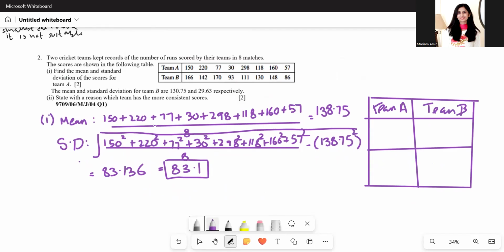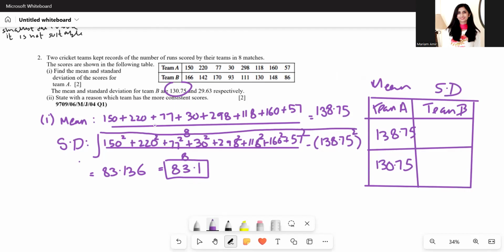So for team A, let's write the mean in this row and standard deviation here. The mean for team A came out to be 138.75 and the mean for team B is 130.75. So according to the mean, team A scored better, but mean tells us the performance.